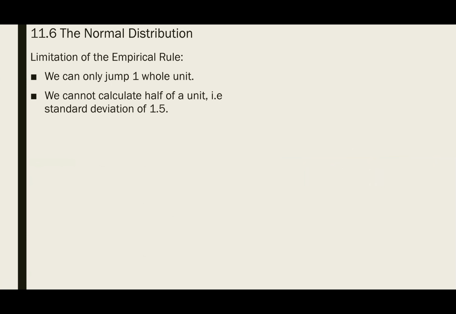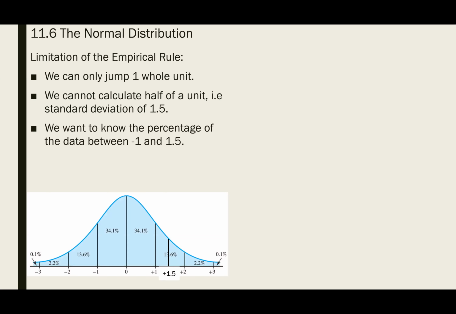We cannot jump 1.5 above and 1.5 steps below, right? What if I say I want the percentage between -1 and 1.5? How would I find the area underneath the curve between -1 and 1.5?